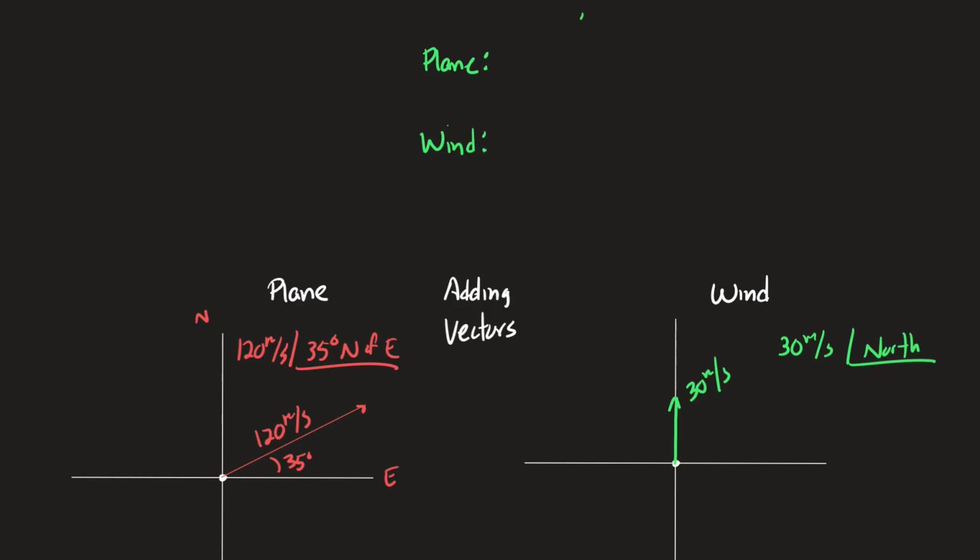On the top, I'm going to put X and Y, because I'm going to try and get my vector into both the X and Y direction. I'm going to add them together. That will produce my result.